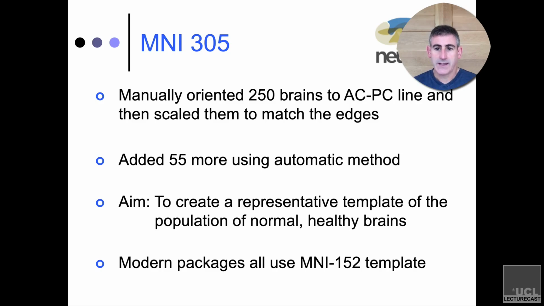But whether they explicitly say it or not, all major software packages for doing fMRI analyses use the MNI 152 template as their template for brain normalization. They do it in slightly different ways, but the reference point for normalization will be this MNI 152 because it's intended as a population sample.